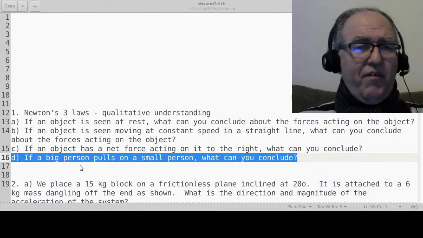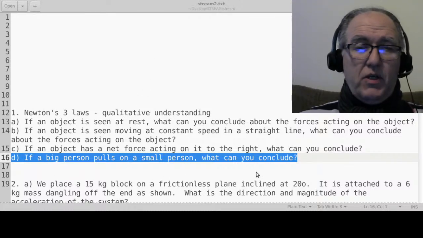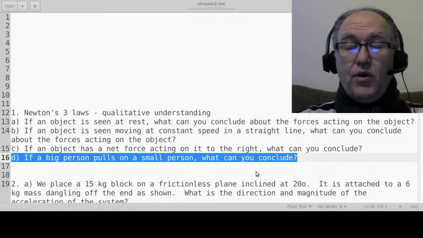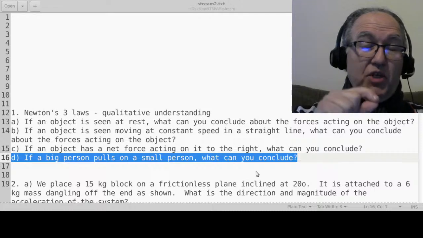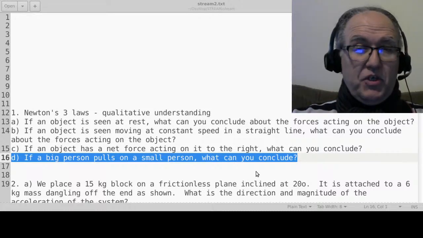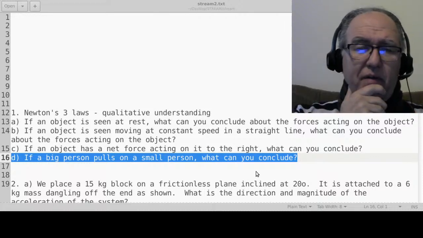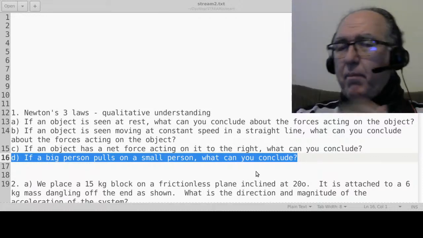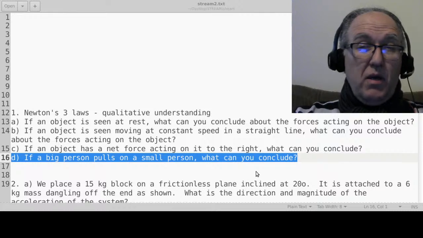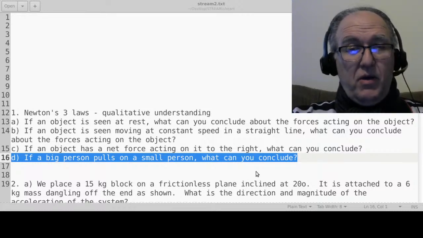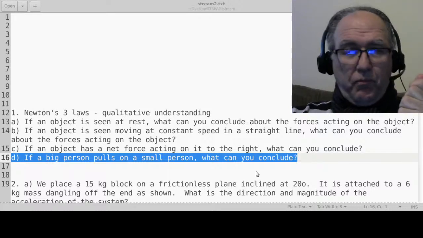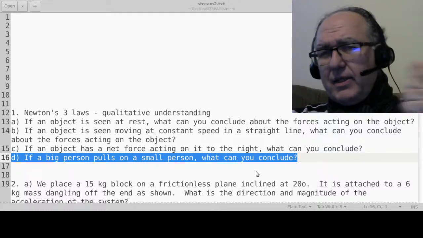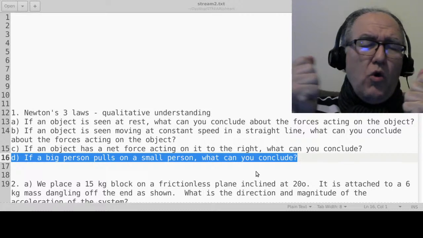Last question. If a big person pulls on a small person, what can you conclude? The third law says if object A exerts a force on object B, then object B exerts a force on object A equal in magnitude, opposite in direction. That equal in magnitude is sometimes the part that's not intuitive, because if you have a big person pulling on a small person, like an adult and a child playing tug of war, you might ask who's pulling harder.